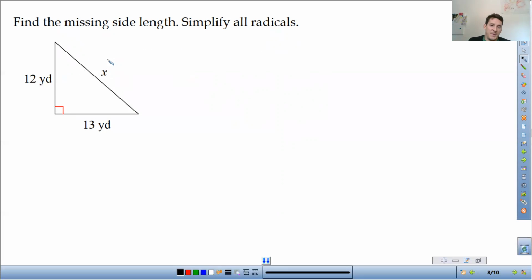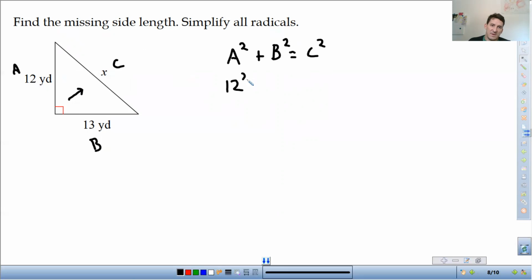So here, let's do this. Label sides A, B, and C. C is always across from the right angle. It's the longest side. So here's A and B. We're going to use Pythagorean theorem. A squared plus B squared is equal to C squared.